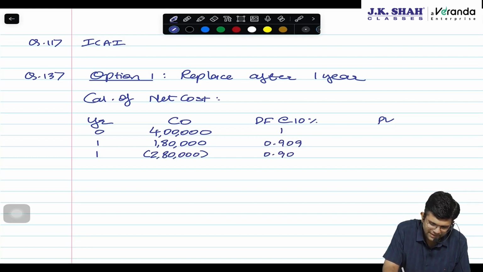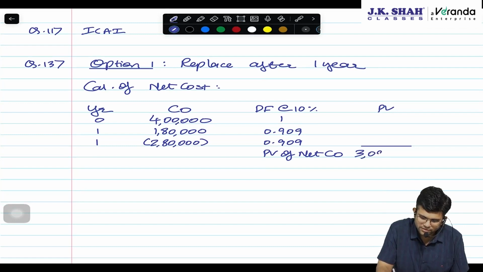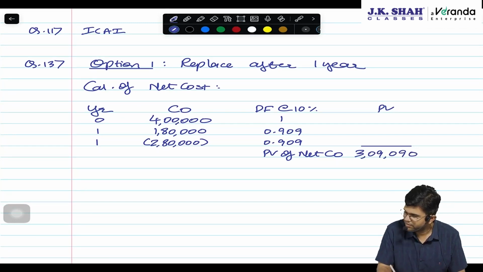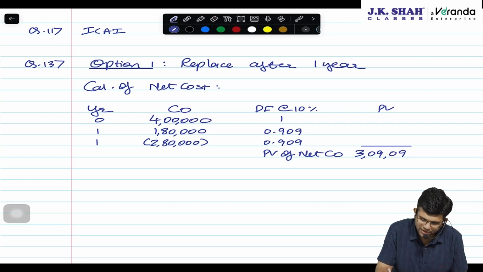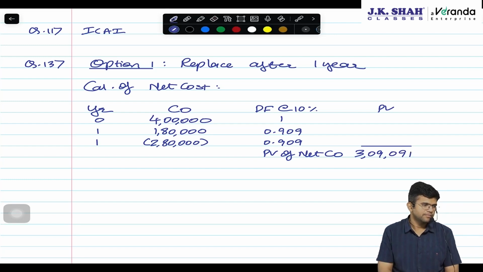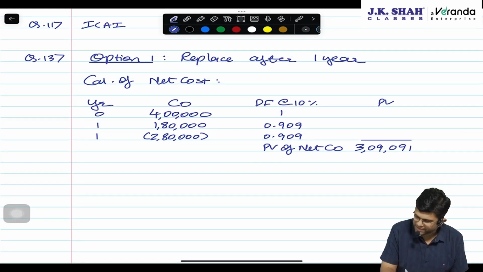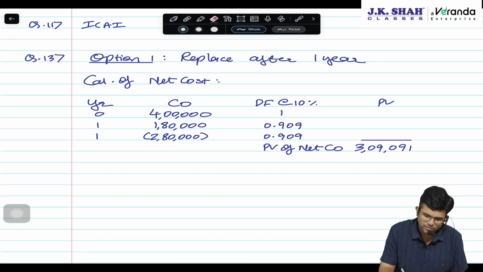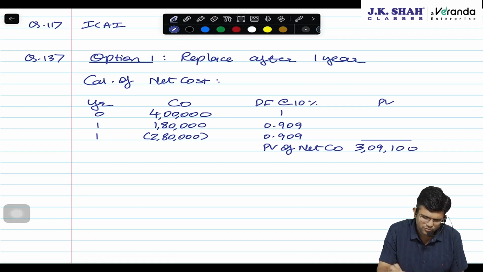This is called the present value of net cash outflows. 309,090.9. So 309,091. Please confirm. By taking 3 decimals, okay, no problem. So I'll take 100. Done, no problem.